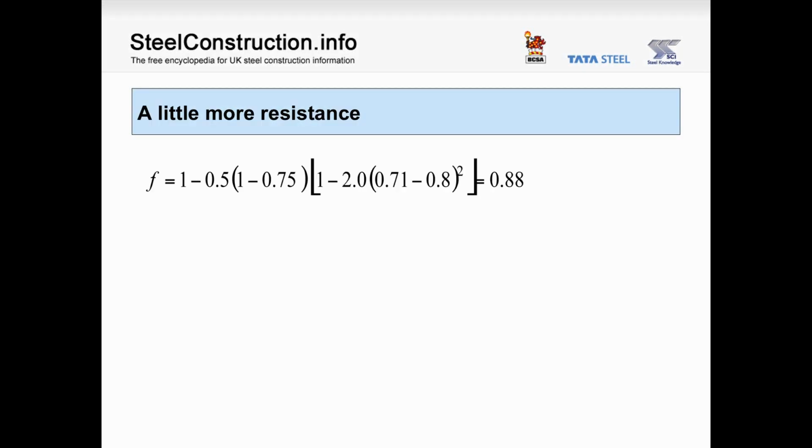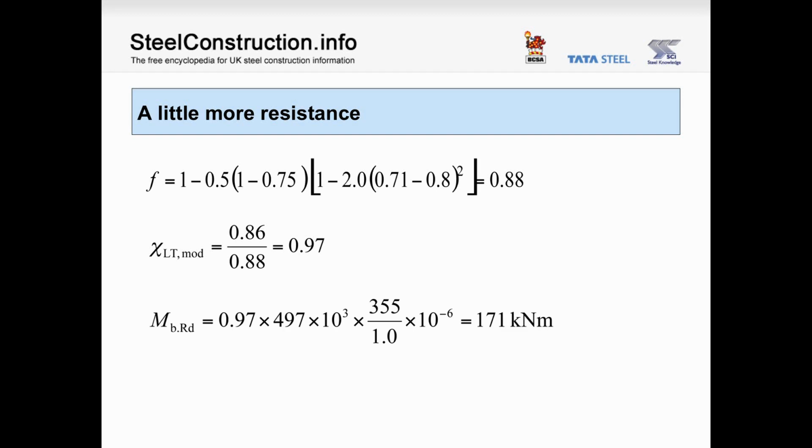We can then substitute to calculate F, and in this case the value of F is computed to be 0.88. So in this particular instance, calculating a modified value of KLT is beneficial, because KLT mod is now calculated to be 0.97. KLT without that modification was only 0.86, so we will have increased the resistance considerably.